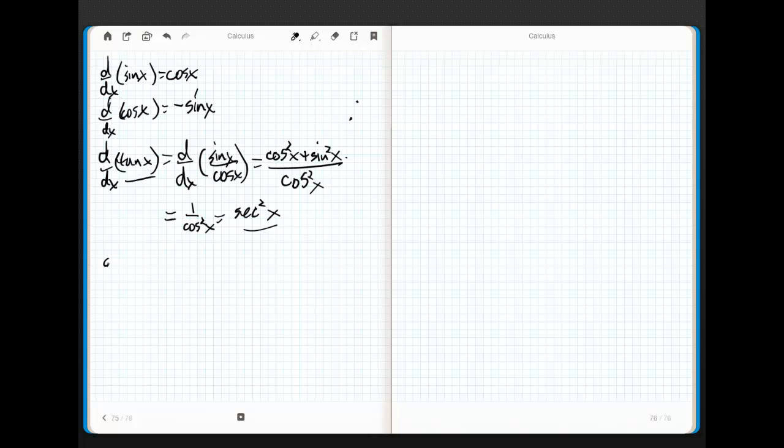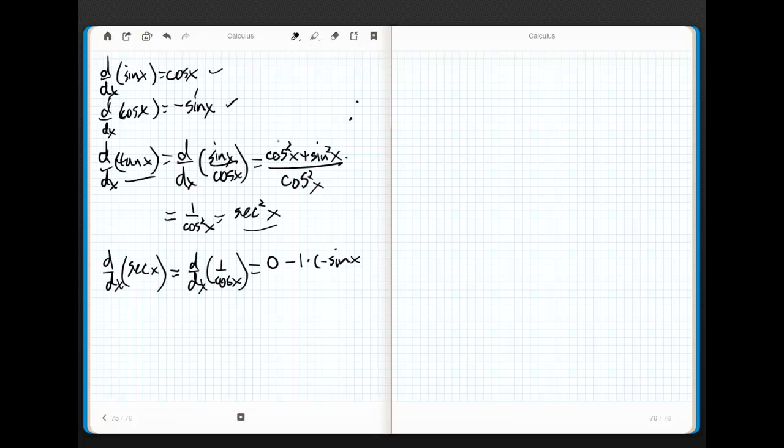Ooh, let's do it again. How about the derivative of secant x? That looks like fun. Well, again, I know that secant is exactly the same as just 1 over cosine of x, right? Now watch, low d high. So that's going to be 0 because the derivative of a constant is 0, minus high, 1, times the derivative of cosine of x, which is negative sine of x.